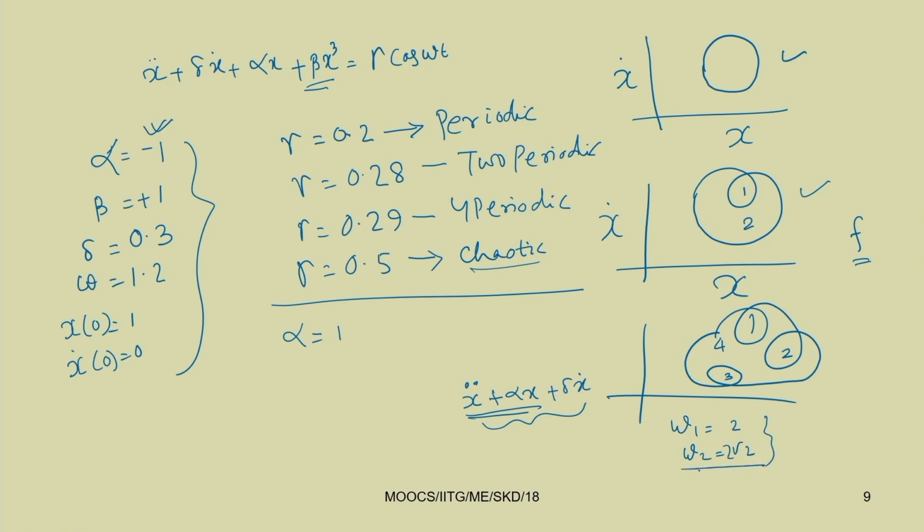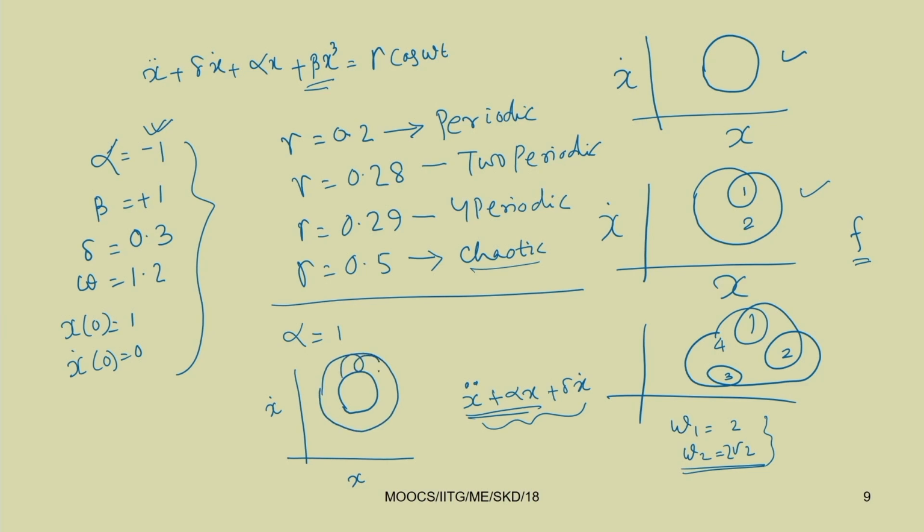In that case, you can verify that the phase portrait will no longer be similar to this, but it will be similar to a torus. So, what is a torus? You can check.